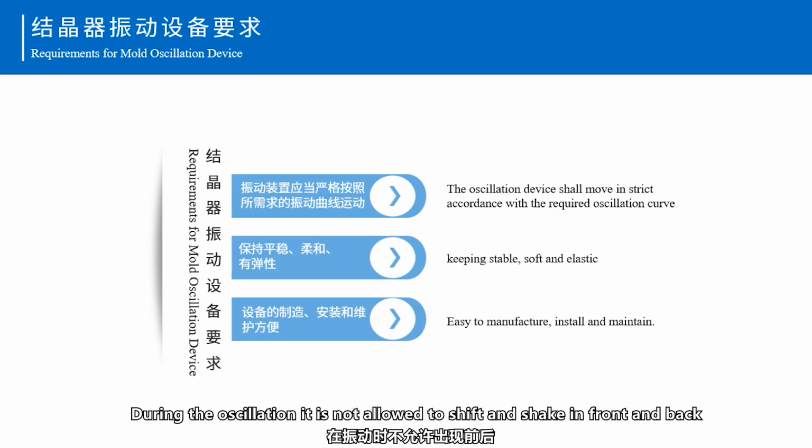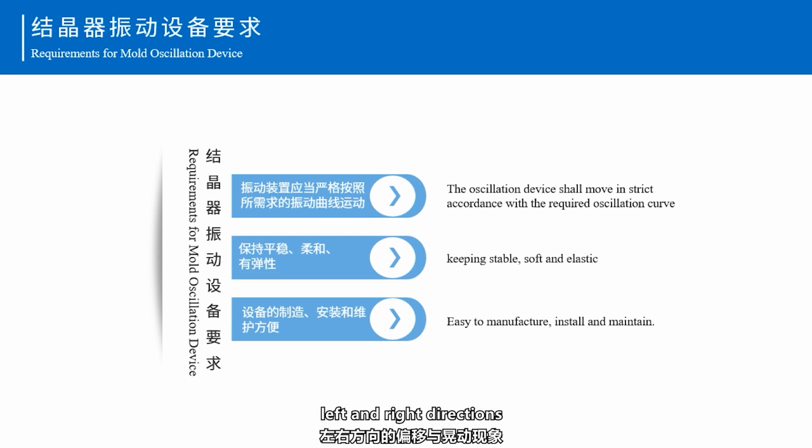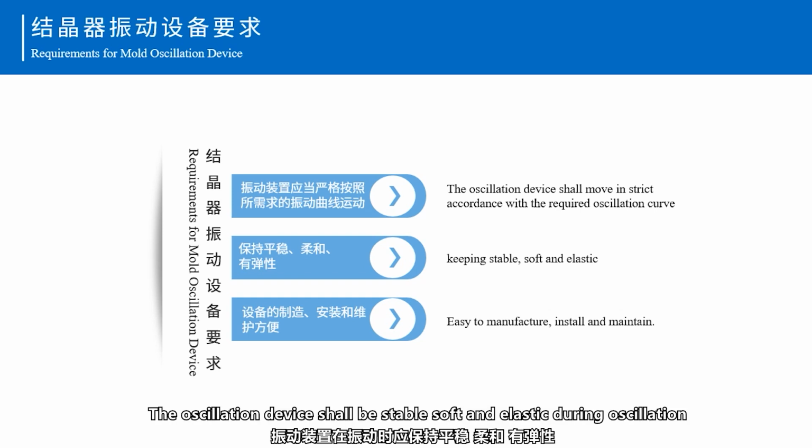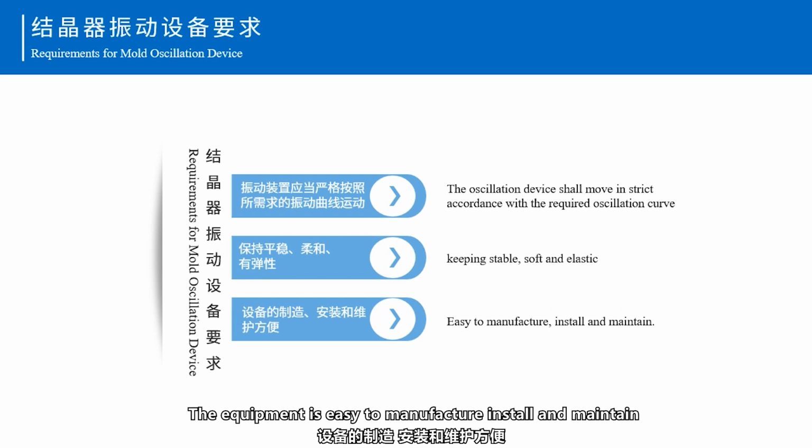During the isolation, it is not allowed to shift and shake in front and back, left and right directions. The second, the isolation device shall be stable, soft, and elastic during isolation. The third, the equipment is easy to manufacture, install, and maintain.